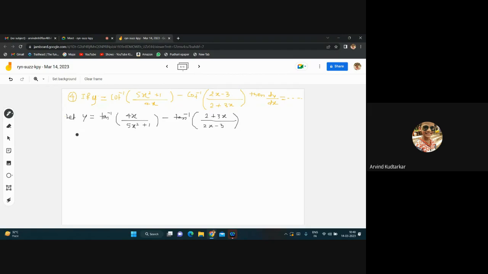Okay. The formula of tan inverse of (a minus b) upon (1 plus ab), you can convert into this form.